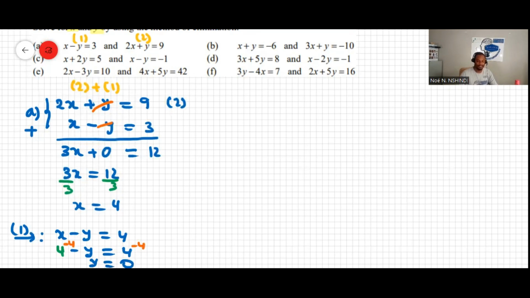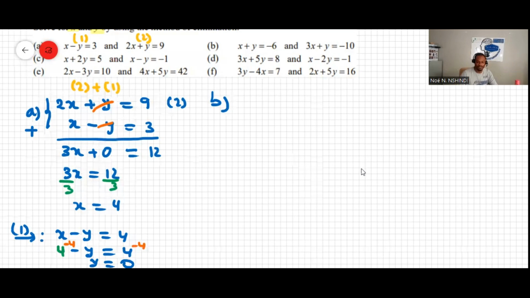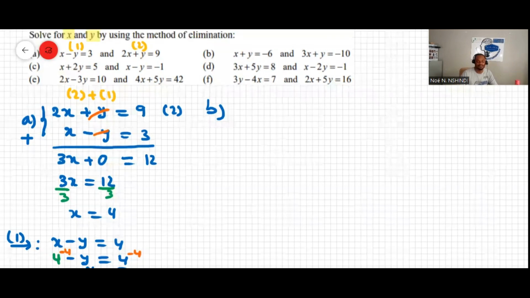Okay, that was A, and then B, we do the same thing, similar thing. I can see here it's x plus y equal negative 6, and then 3x plus y equal to negative 10. Let's say this is 1 and that's 2.